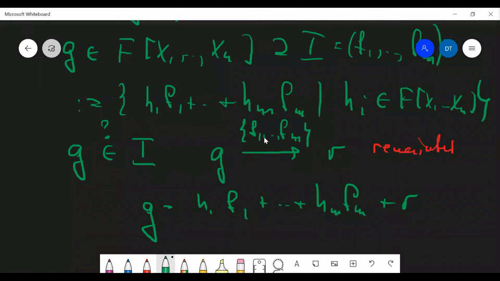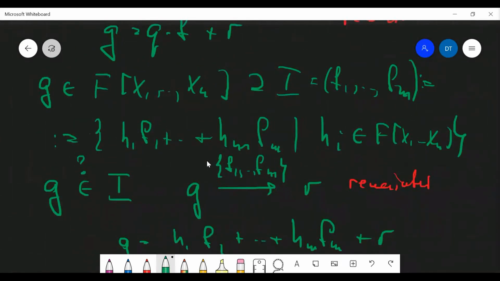It may happen that this initial set is not a Grobner basis, but then we want to change this set to a different one in such a way that the new set, first of all, becomes a Grobner basis, and second, it must generate the same ideal.